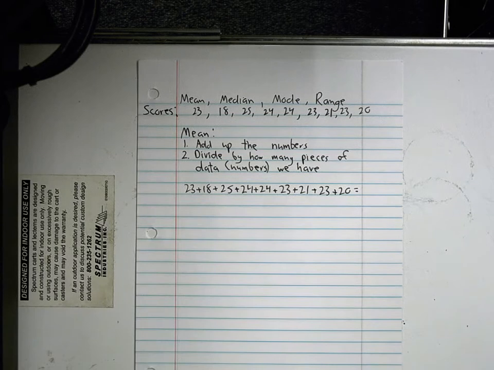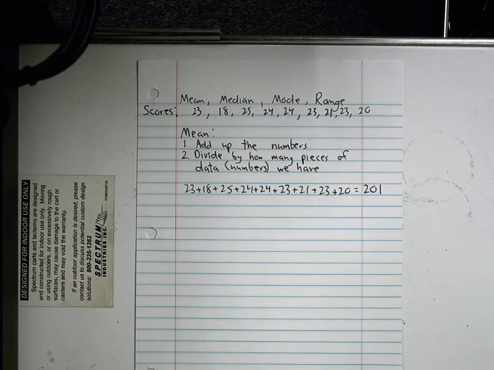Now for the sake of this, I'm going to use my trusty calculator just because I want to go quickly. So 23 plus 18 plus 25 plus 24 plus 24 plus 23 plus 21 plus 23 plus 20 equals 201.